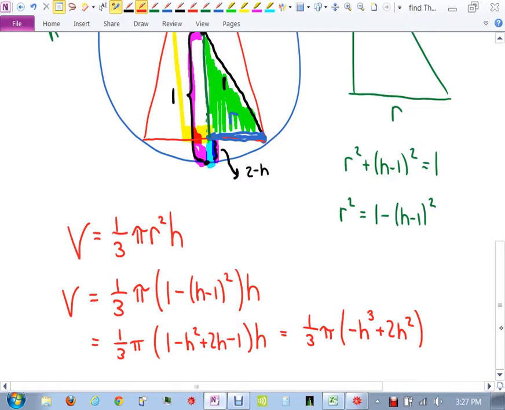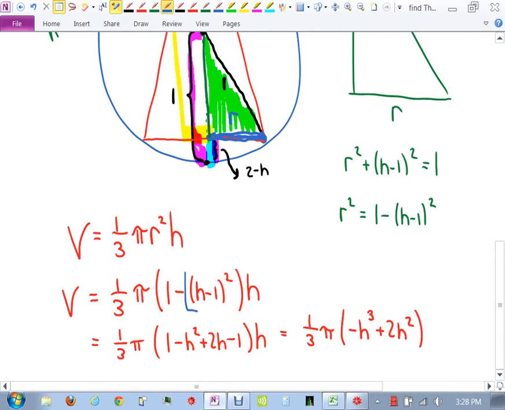Wait, hold on. Did I? Minus 2h plus 1. I'm not sure. But I already distributed the negative through. Do you see what I'm saying?